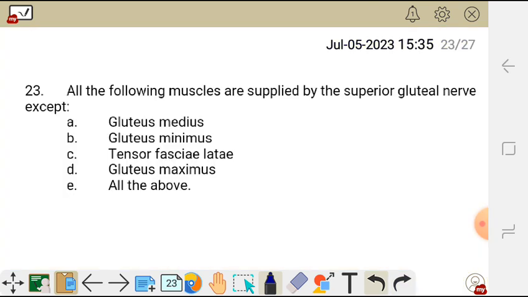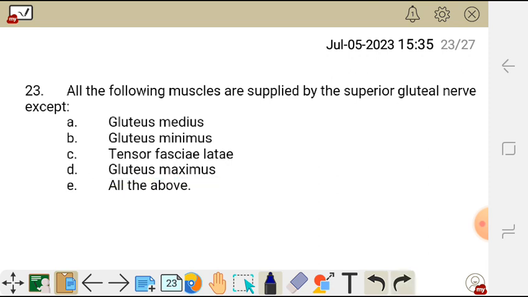Question 23. All the following muscles are supplied by the superior gluteal nerve except A. Gluteus medius, B. Gluteus minimus, C. Tensor fasciae latae, D. Gluteus maximus, and E. All of the above. So all of these are supplied by the superior gluteal nerve except the gluteus maximus.